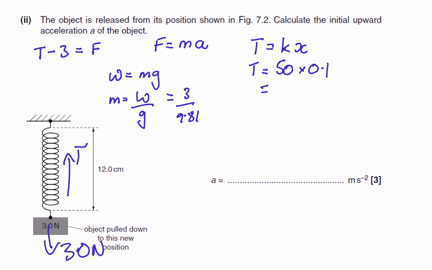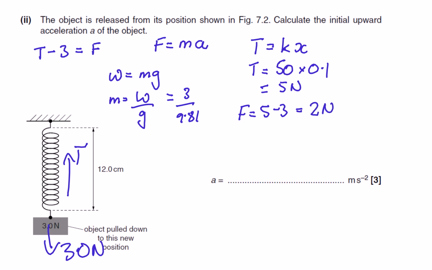So that gives me a tension of 5 newtons. So my resultant force, if we come back over here, let's bring that down to try and make it go a little bit logically, is 5 minus 3, so that gives me 2 newtons.